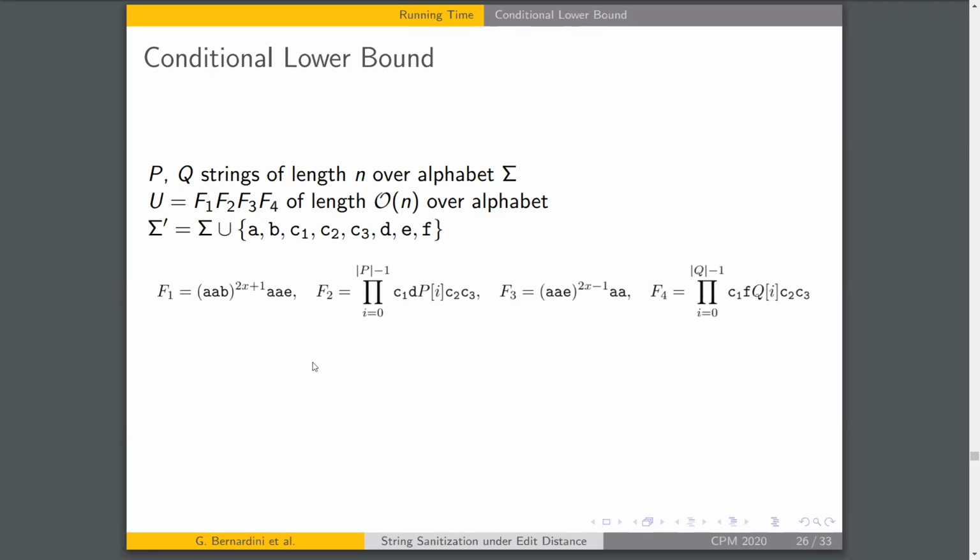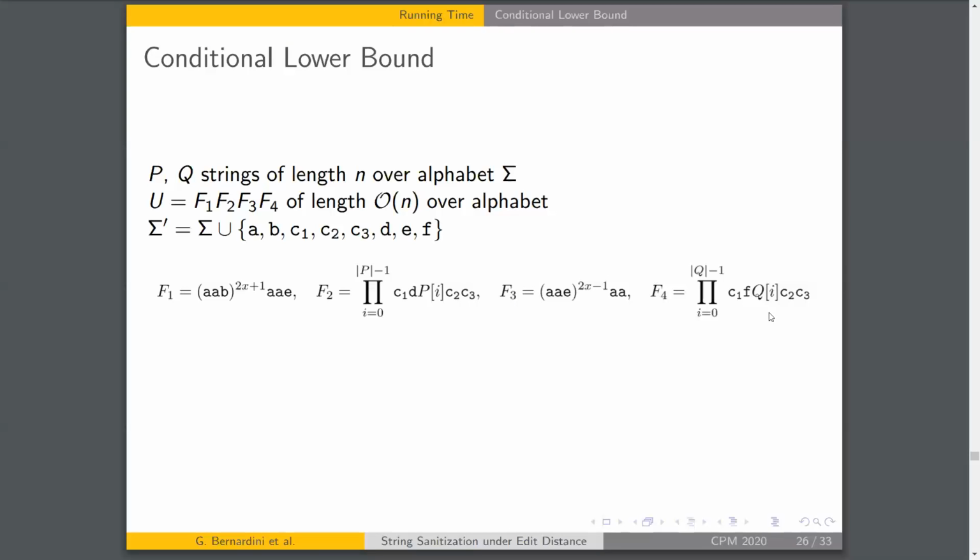So basically this string consists of 4 parts. Here we have a very repetitive string. Then here we have a string that contains all the letters of the first string P. Then we have a very similar repetitive string.